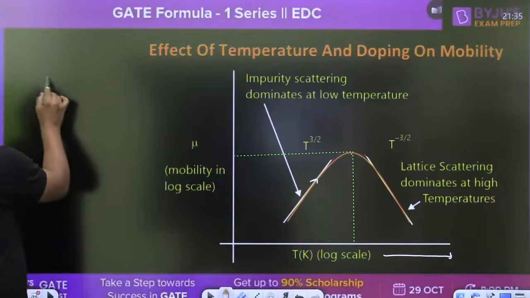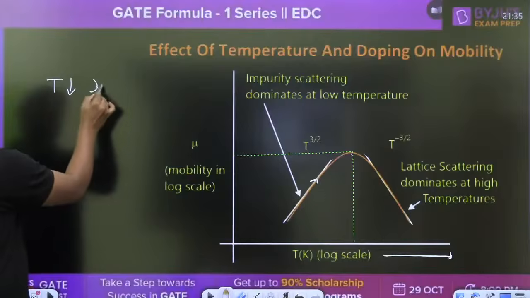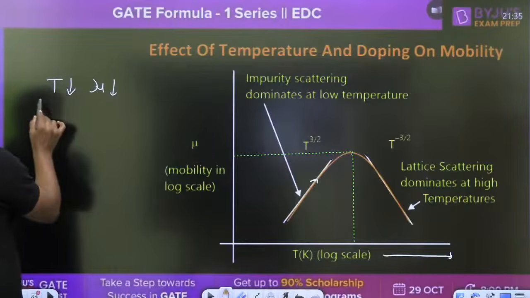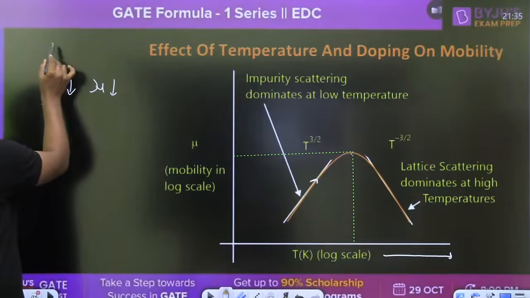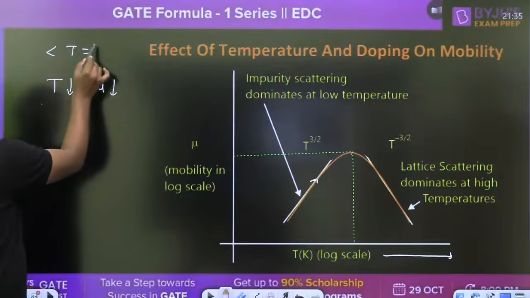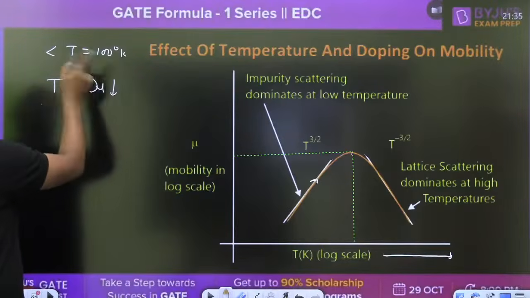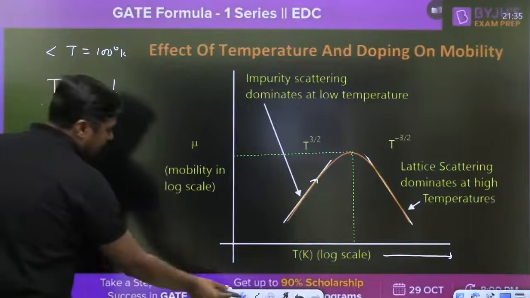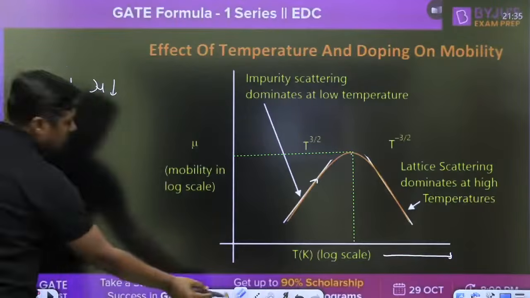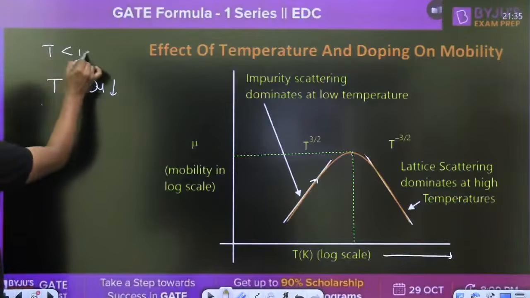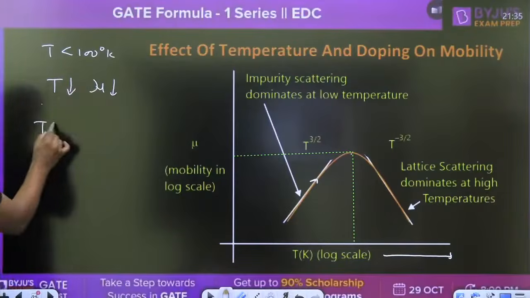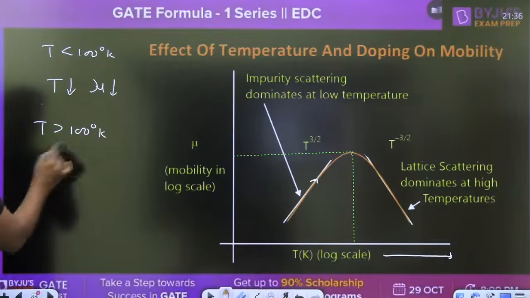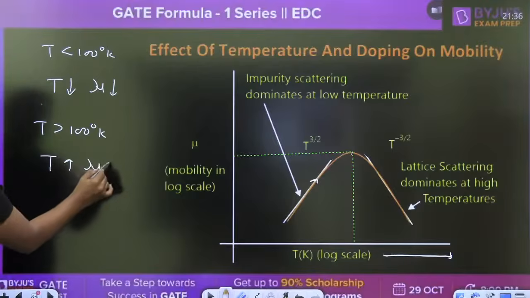That is called impurity scattering, and it is nearly below what? T is equal to 100 degree Kelvin. The temperature is less than or equal to 100 degree Kelvin, approximate value.